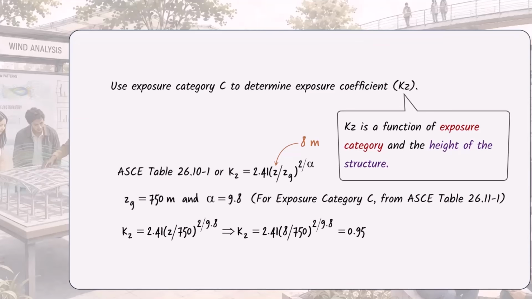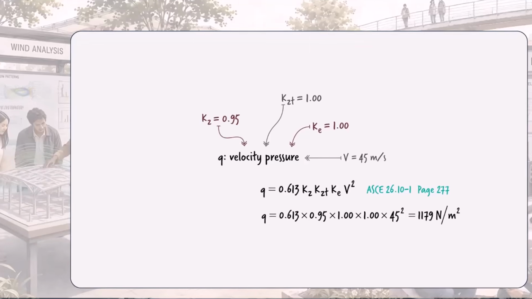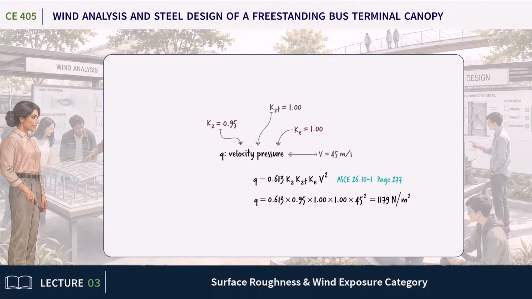Plugging these values into the formula, we calculate Kz to be 0.95. With Kz in hand, we're ready to calculate the velocity pressure using equation 26.10-1. Q is 1,179 newtons per square meter. We will continue our discussion in the next lecture.